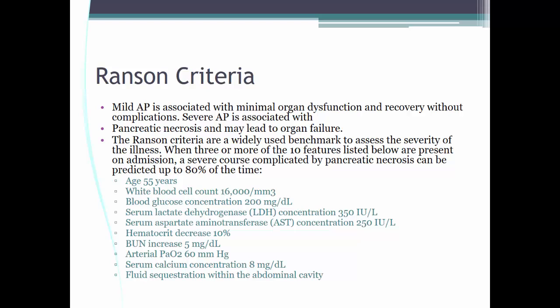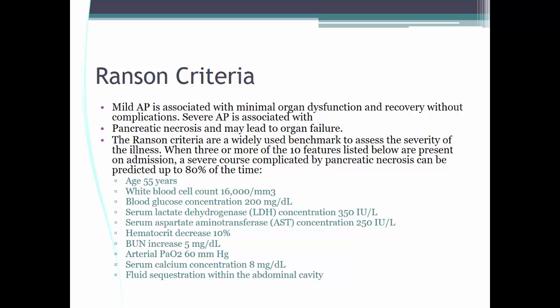It's when the patients have age greater or equal than 55, white blood cell count of 16,000, blood glucose of 200 or more, serum lactate of 350, serum aspartate aminotransferase, which is AST, a liver enzyme, greater than 250.